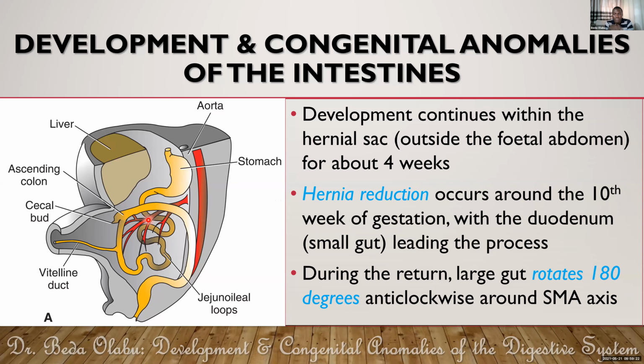This rotation is 180 degrees in the anti-clockwise direction, and it largely affects the large gut more than the small gut. The axis of rotation is still the superior mesenteric artery. Now let's see the implication of that.